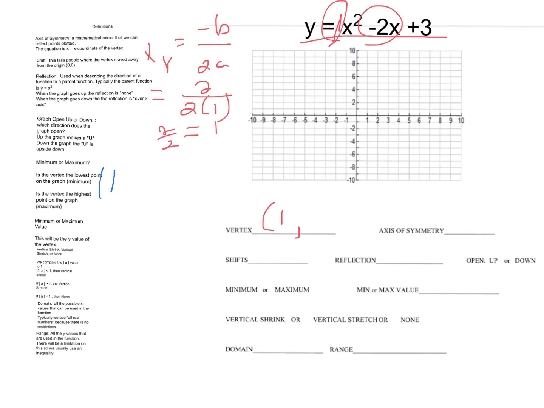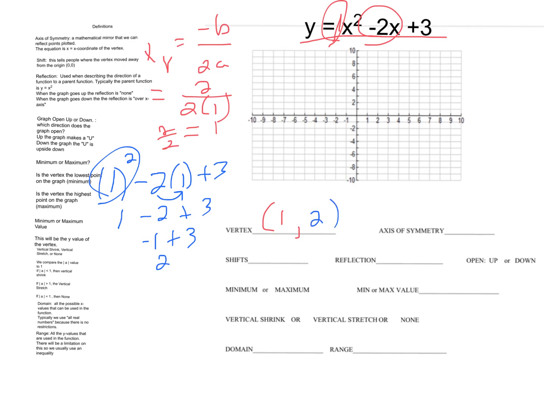So 1 squared minus 2 times 1 plus 3. 1 minus 2 plus 3. 1 minus 2 is -1, plus 3, which is 2. So my vertex is 1, 2.